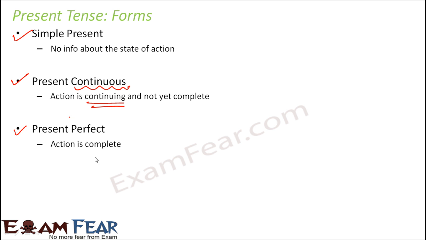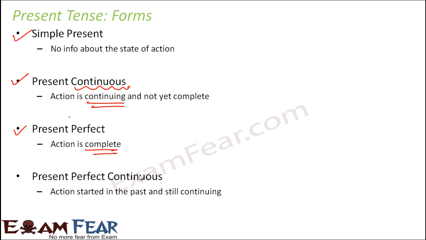So here the action is complete. You see, in these forms we know something about the state of the action, because since they are all forms of present tense, it is quite obvious that all of them are happening in the present, right? In present continuous, the action is not complete. In present perfect, the action is complete. And in present perfect continuous, which is a combination of continuous and perfect, you see, it is basically a combination of these two.